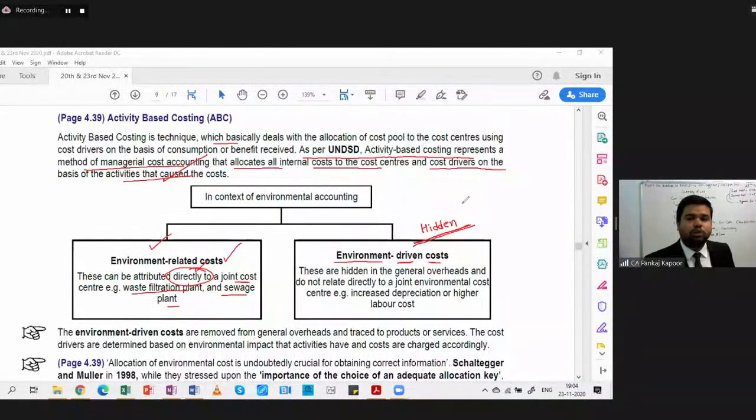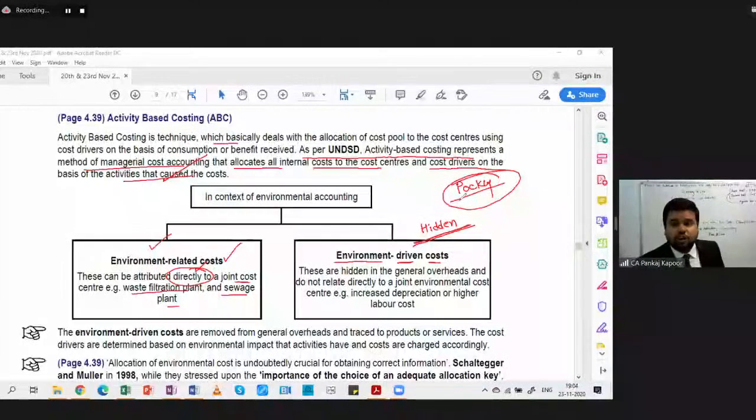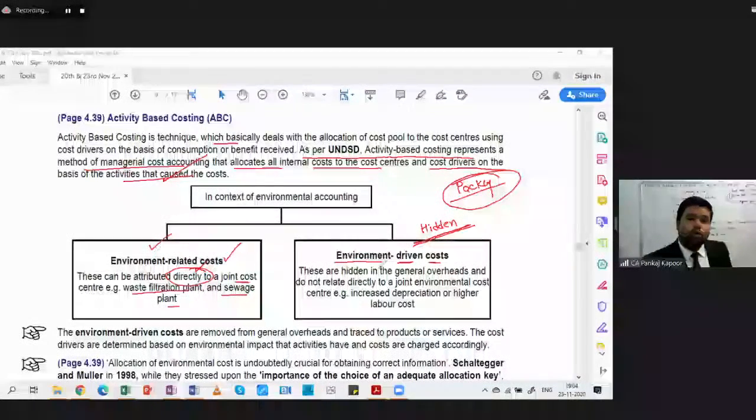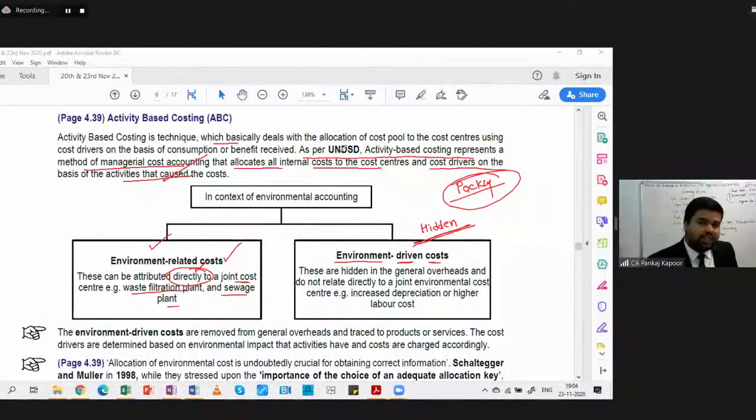We need to pull out of the total packing cost those parts of the packing cost which are due to the nature of the product in order to protect the environment. Agreed? So what the United Nations Division for Sustainable Development said is that you must see whether the environment cost is directly charged to some cost unit or cost center. If it is directly charged, charge it to that particular product or particular center.